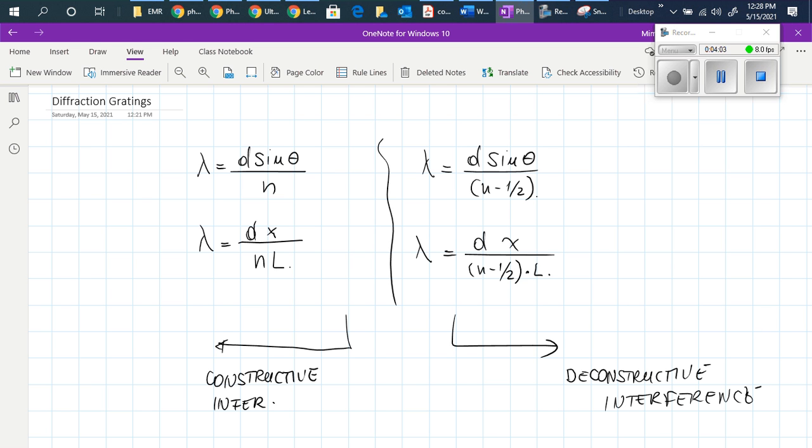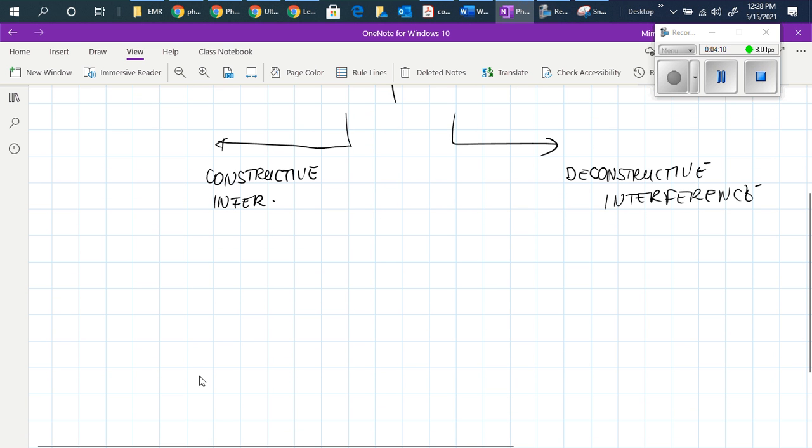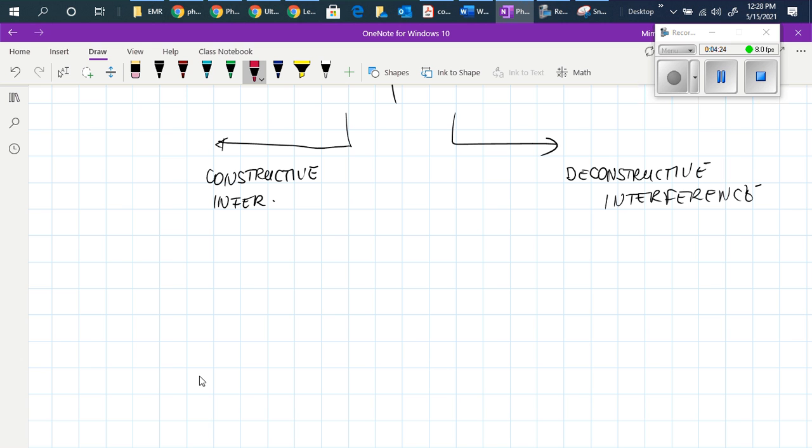Now, in the diffraction grating, we have a large number of lines parallel to each other. The way that we calculate d for a diffraction grating is using two steps.